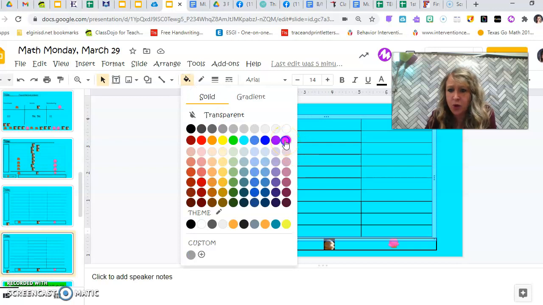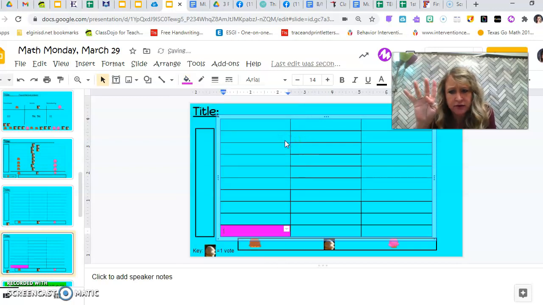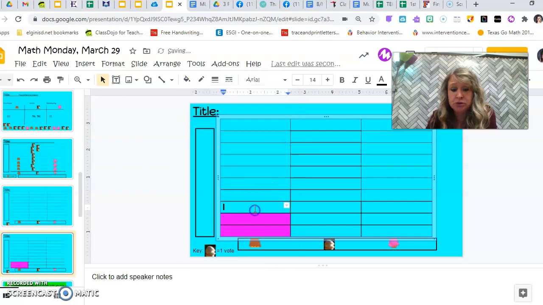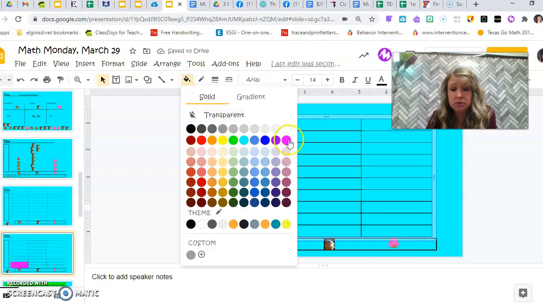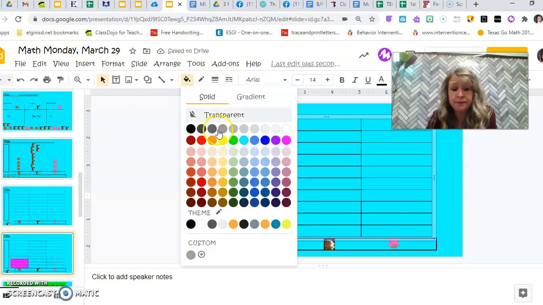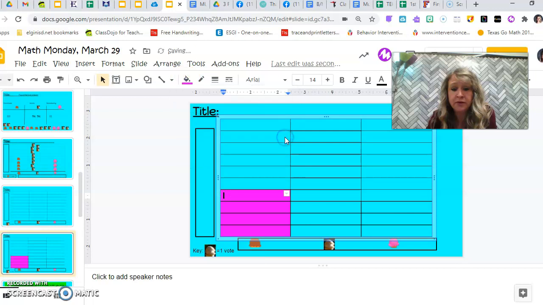So we had 4, you said 4, right? 4 for chocolate? All right, so I'm going to color in 4 rectangles. So there's 1, 2, 3, 4. Now, above the chocolate ice cream, I have 1, 2, 3, 4 votes.